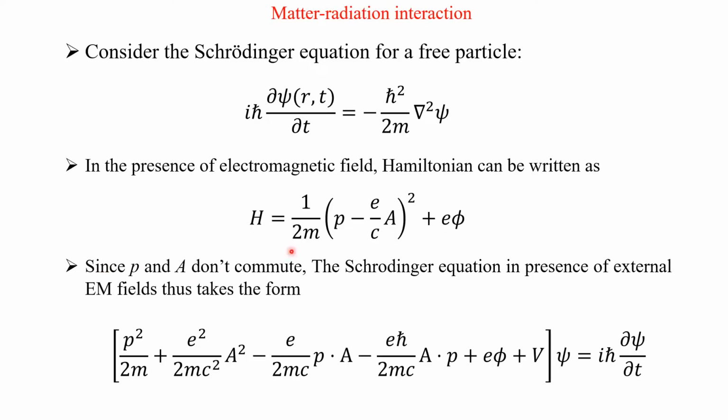Since p and A do not commute, the Schrodinger equation in presence of the external electromagnetic field takes the form: p²/2m, plus e²/2mc² A², because we are squaring, minus e/2mc p·A, and similarly A·p, because p and A will not commute.